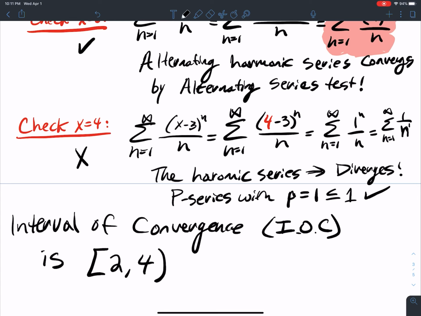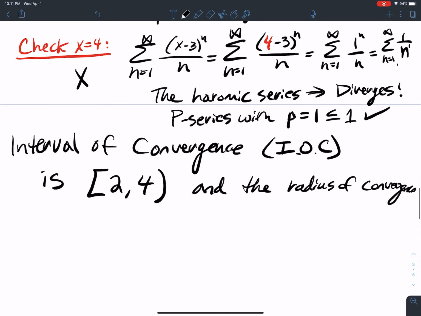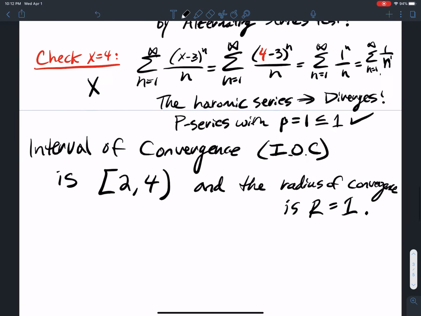And the radius of convergence is r equals 1. The radius of convergence is 1. So that summarizes what happened there.